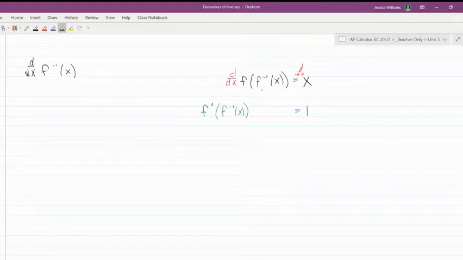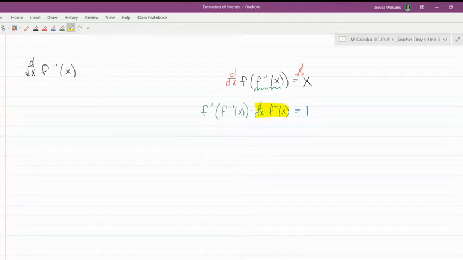Well, here's what's inside. And if I could take the derivative of f inverse, I would not be in the middle of a proof for the derivative of f inverse. So we're just going to write the derivative of f inverse and leave it like that for now, because we're done. Remember, this is what we're trying to prove.